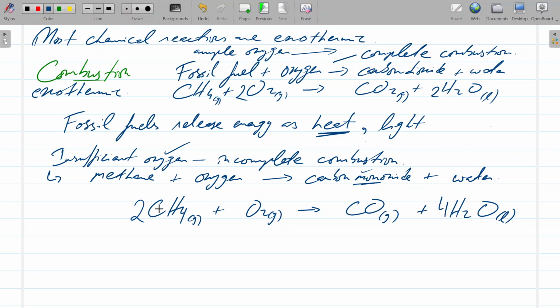I've got two carbons, so I'm going to add two over here. And so my carbons are balanced, my hydrogens are balanced. Now, how many oxygens do I have? I've got two oxygens here, and I've got two and four oxygens here. So that's six oxygens. So how do I balance oxygen? Put three on the reactant side for oxygen. And we're balanced. So slightly tricky.